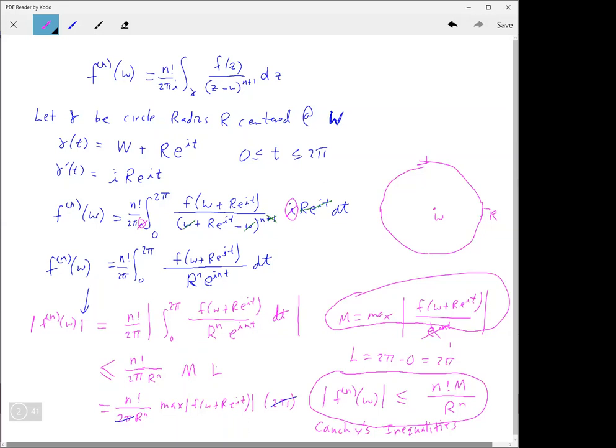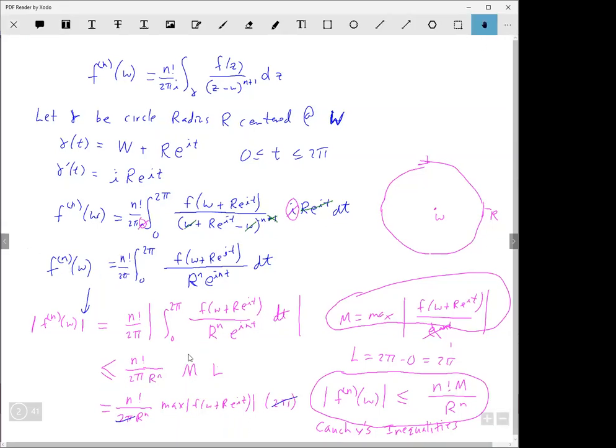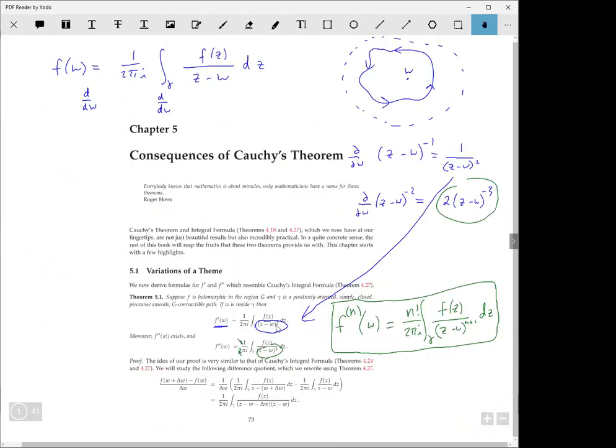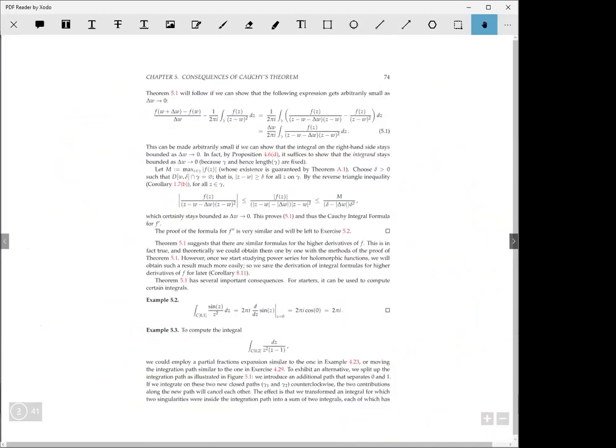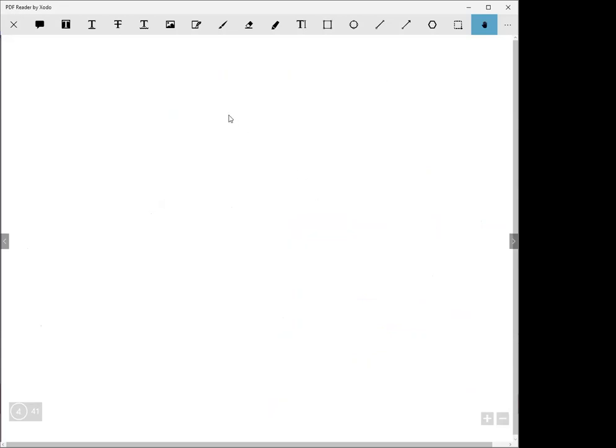Okay, now also what I need to do is show you how to exploit these two right here. We'll come back and use this later. So let's do a couple of problems.